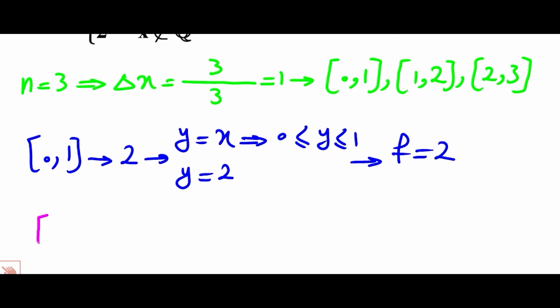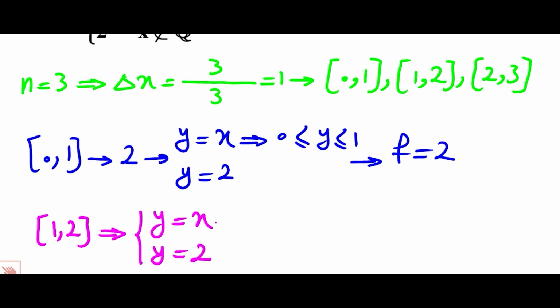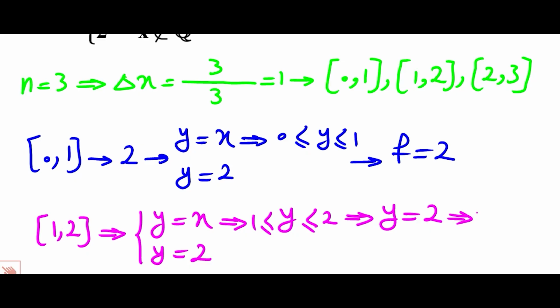And for the interval 1 to 2, y equals x and y equals 2, right? So x is between 1 and 2, so y is between 1 and 2. So the maximum value of y equals 2. So in this interval, f equals 2.